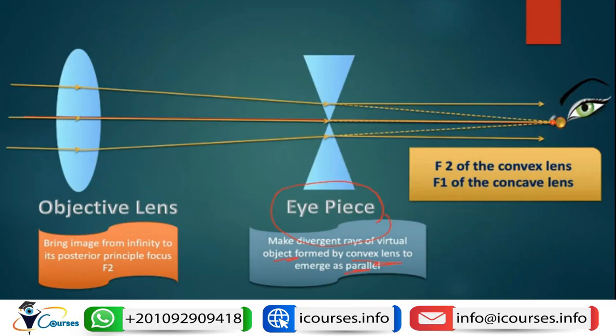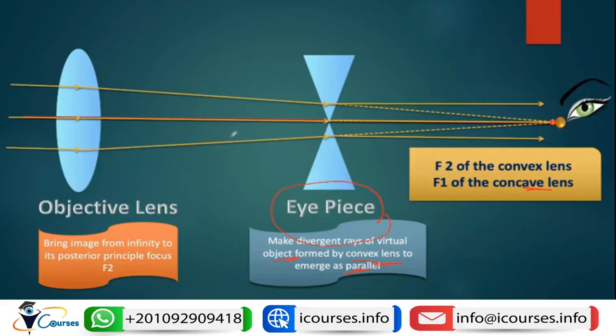This is the point at which, when the light rays enter the concave lens, they are made parallel, so that the extension of these light rays is at the f1 of the concave lens.